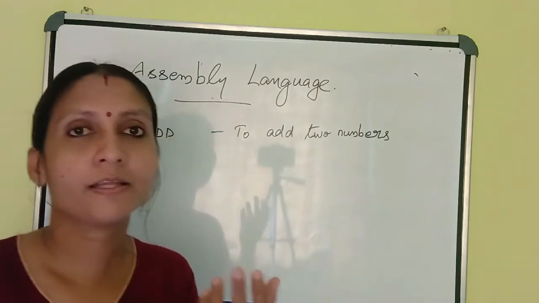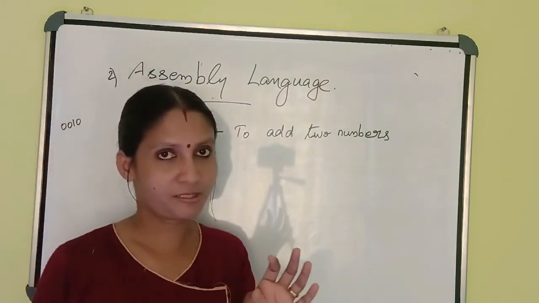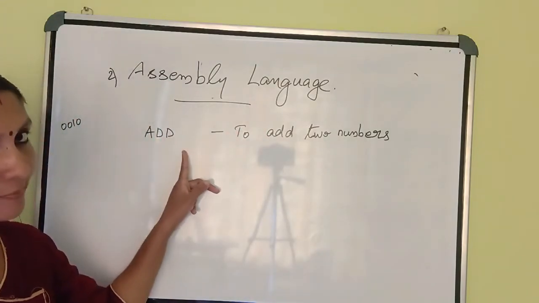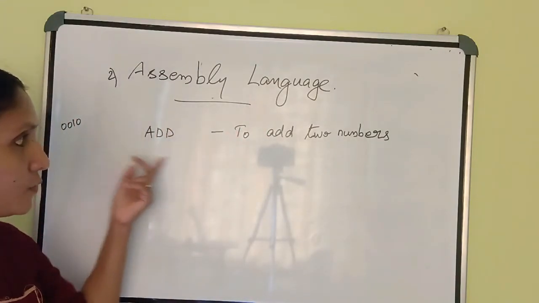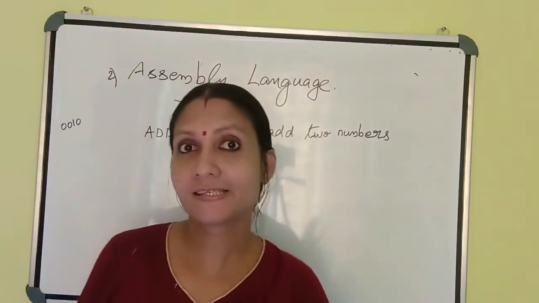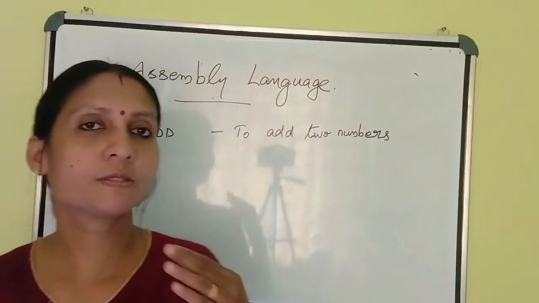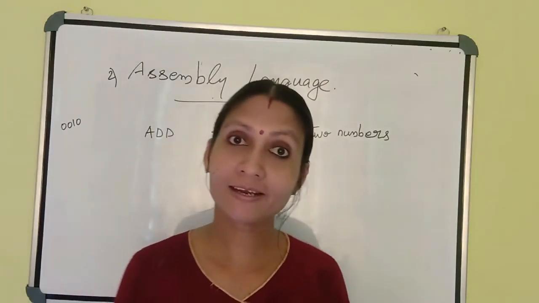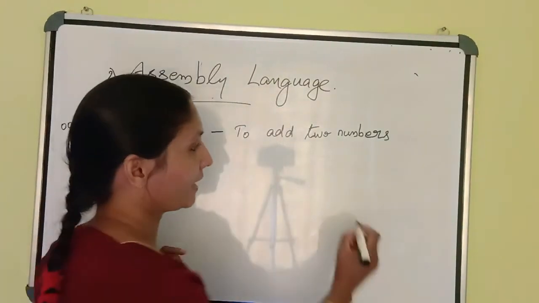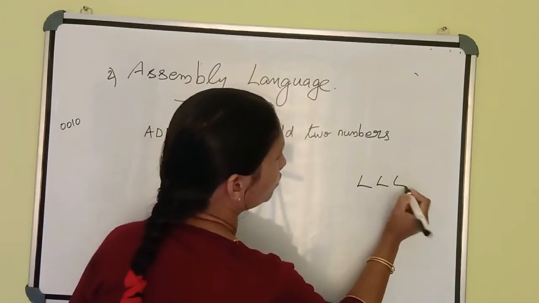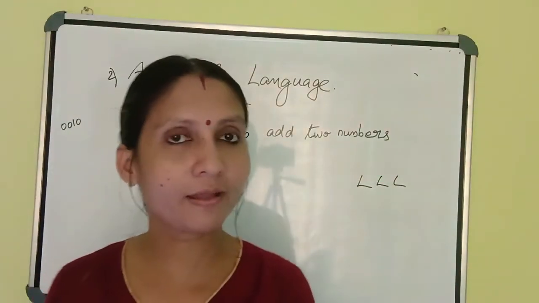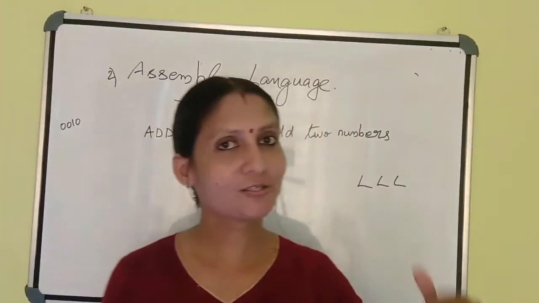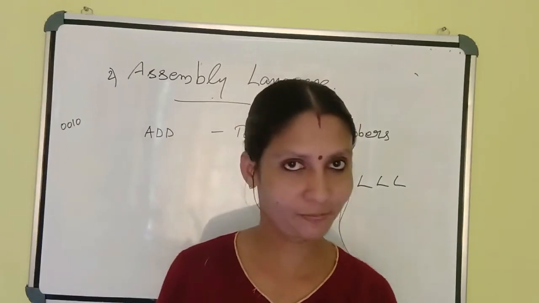That means it's a combination of letters and numbers. If you want to add two numbers, we are using ADD. That's the main difference between assembly language and machine language. So we have two types of low level languages: machine language and assembly language.